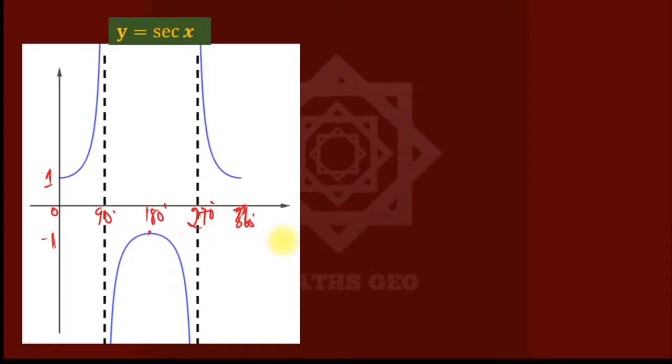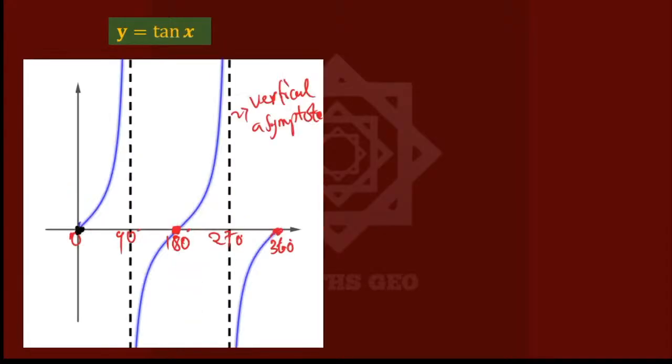Again, tan, the graph is this. So meaning, where is it 0? For cot now, where does the vertical asymptote occur?